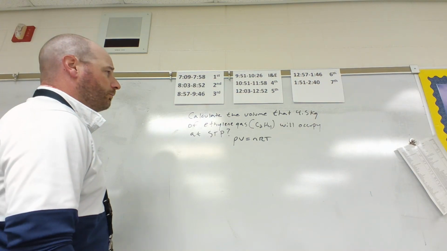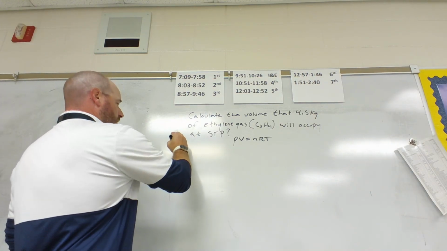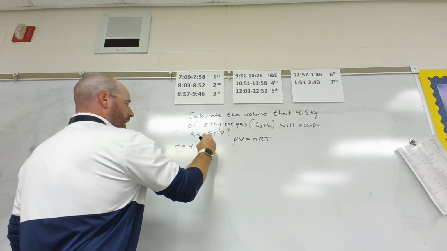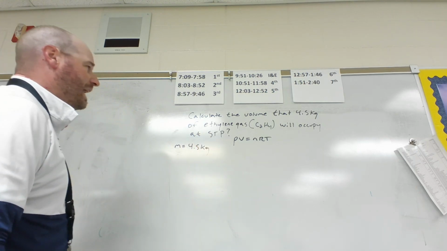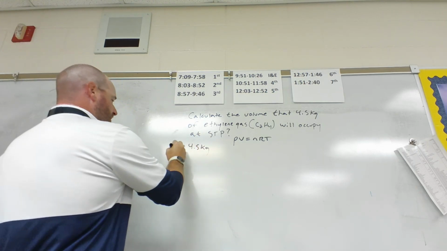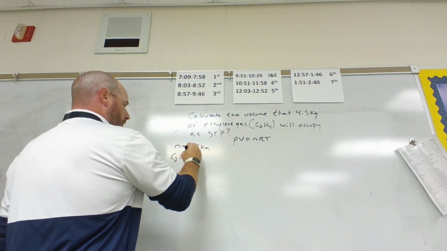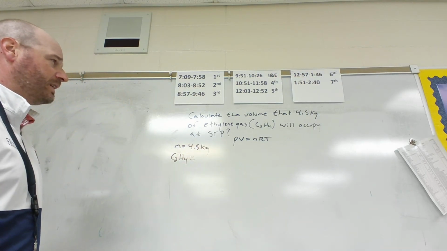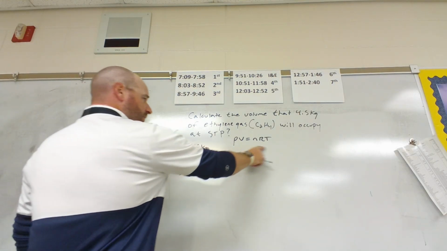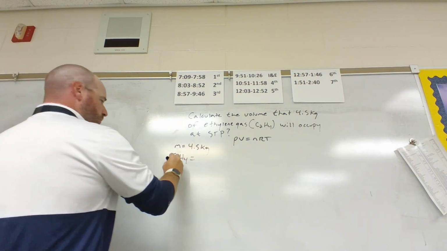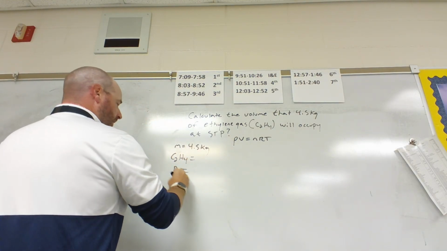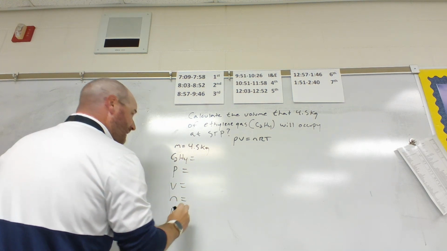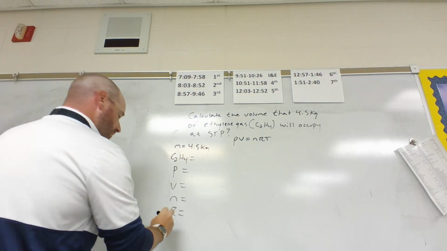We have 4.5 kilograms. That's our mass. So we'll go mass is equal to 4.5 kilograms. Then we have ethylene gas. So we have C2H4. All right. And we have STP. So let's go ahead and get the rest of our variables down here on our left side. So we have our pressure, volume, moles, our constant, and our temperature.